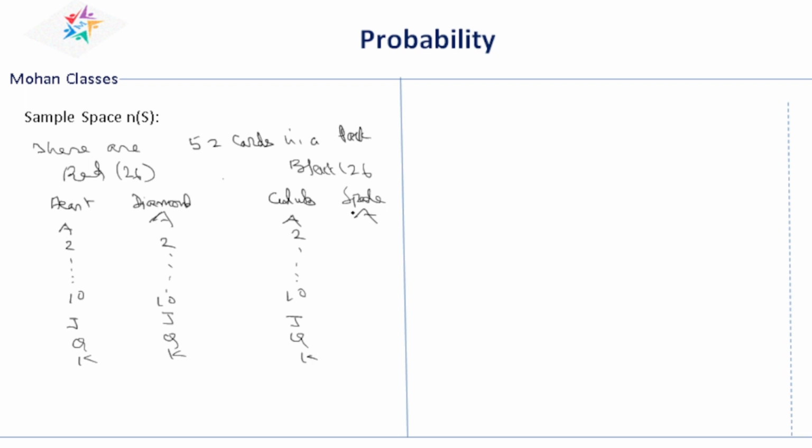In spade also ace, 2 to 10, jack, queen and king. These are called face cards. How many face cards will be there? 12, right? Aces will be 1, 2, 3, 4, that is 4 aces. After 16, the number cards will be 36. Then the total will be 52.